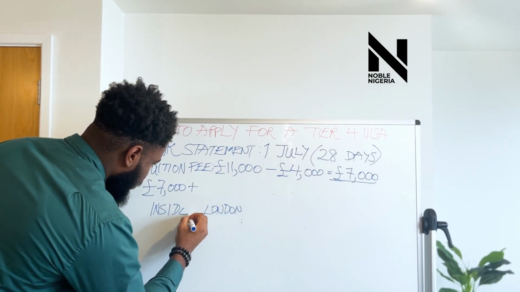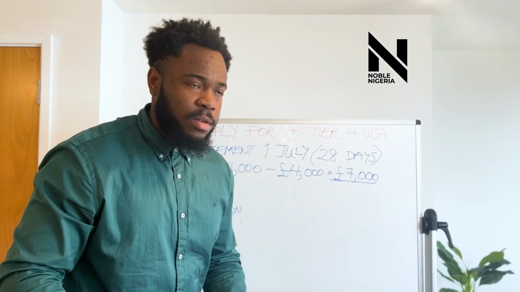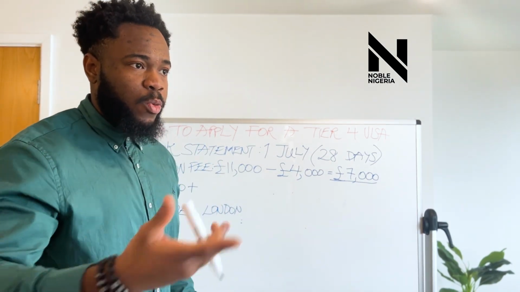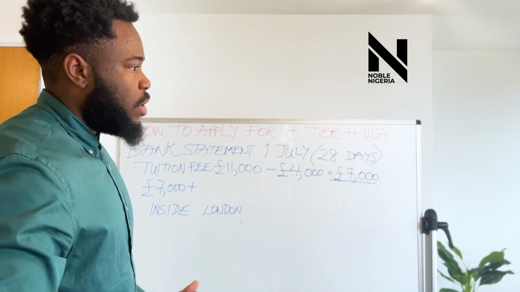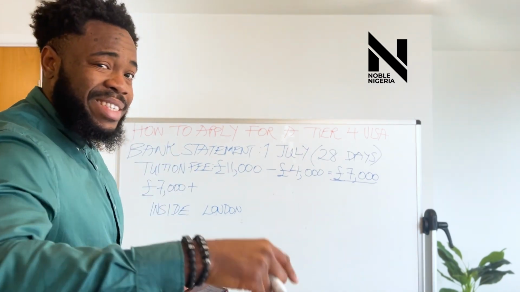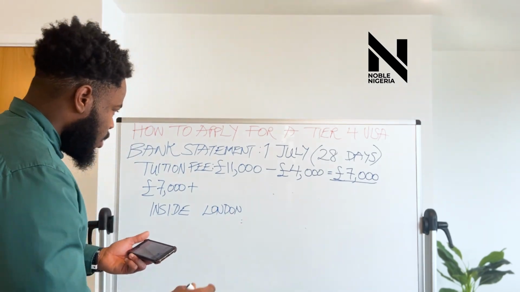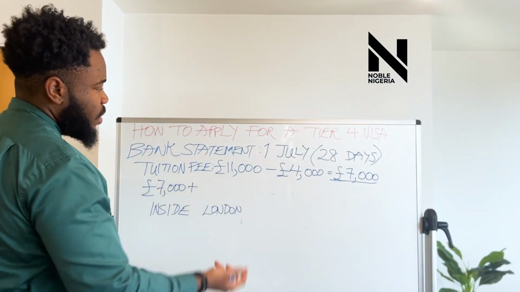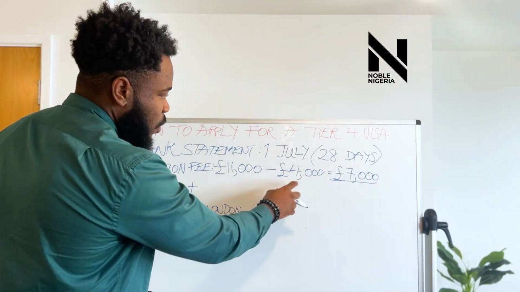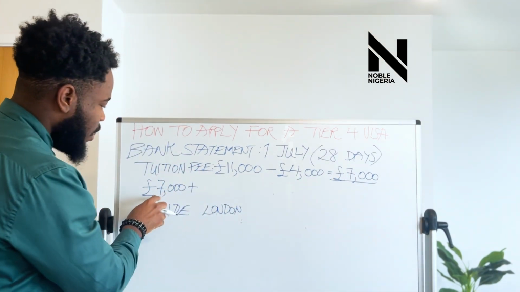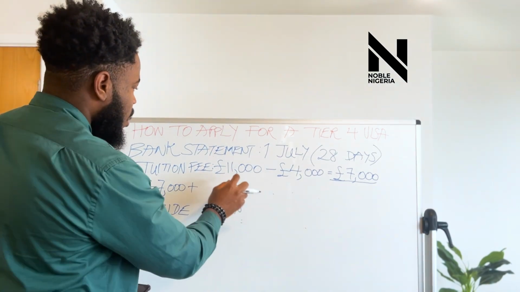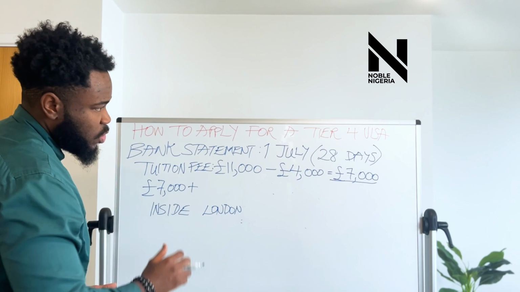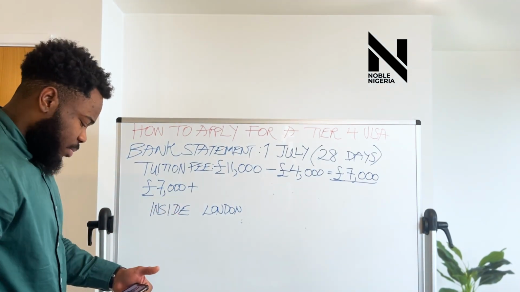So you're applying to either UCL, University of Westminster, LSE, you know, the universities that are located inside London. So the school fees might be 15 grand. So 15,000 minus £4,000, 11,000 pounds. That means you're going to have 11,000 pounds here. You get what I mean? So any tuition fee minus the deposit you paid is what you're going to put here, right?